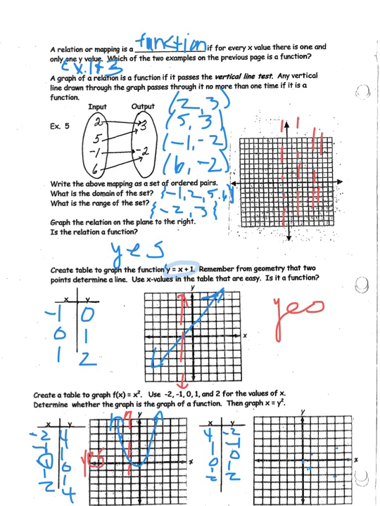And we have a parabola again. However, this will not pass the vertical line test because we wind up hitting the graph in 2 places. So this will not be a function.